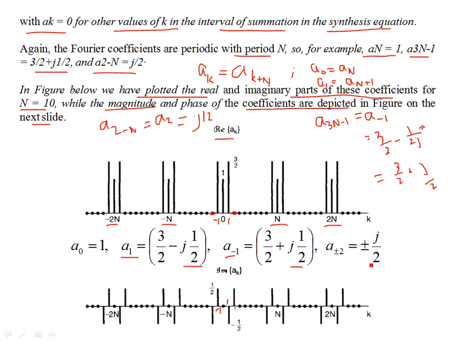And then you are left with plus minus 1 over 2 for a2 and a minus 2. So this is 2, this is minus 2. These imaginary parts are also repeating at the period capital N, and this continues at 2N and 3N, and so on and so forth.